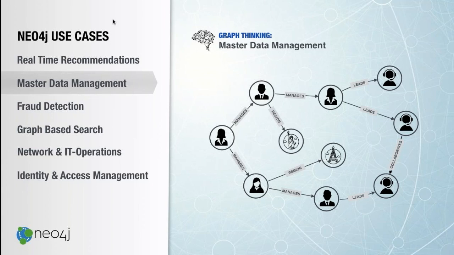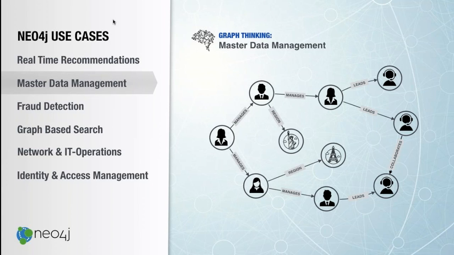In this case, we're looking at an employee tree, but there are numerous examples where this is being used for providing that total customer view, linking profiles where people may have different names in different silos, linking data stored in different silos, and trying to produce a definitive overlay showing the true picture of the data within an organization.